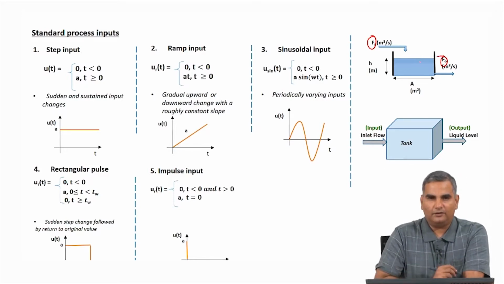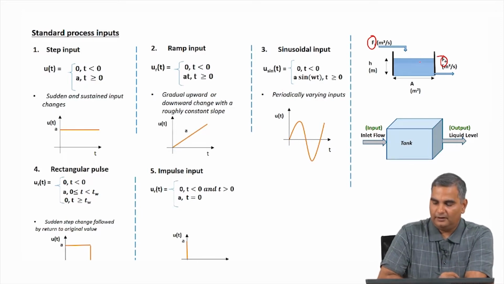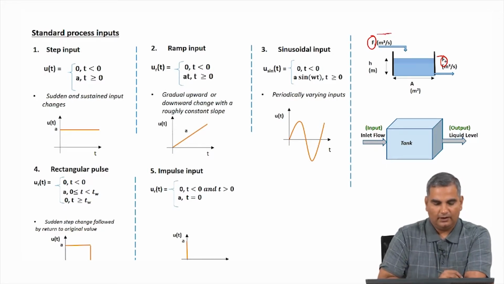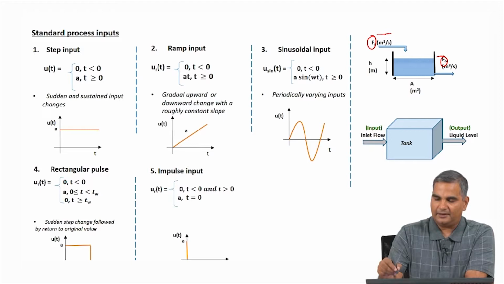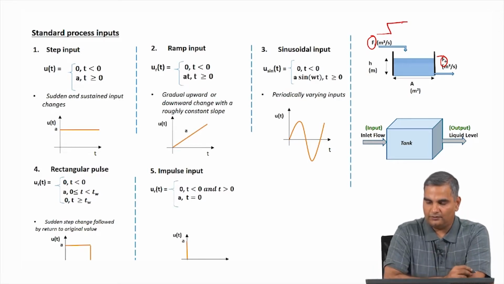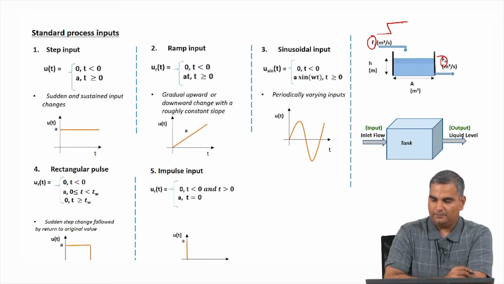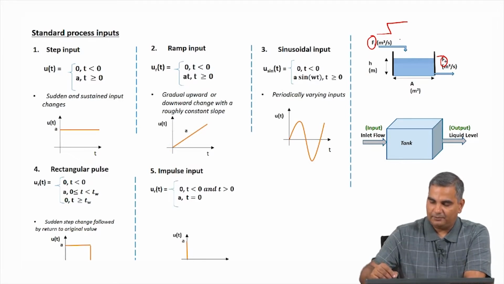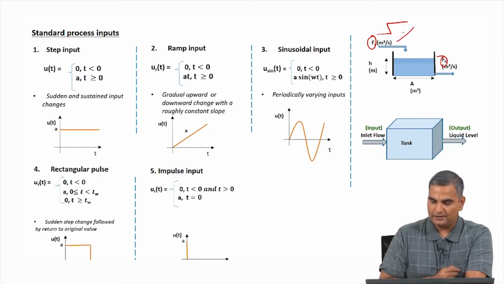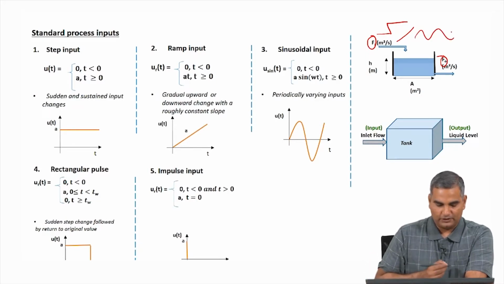Physically, what we are asking is the following: if I change this input, so let us say this is a constant flow, and if I suddenly step up this constant flow, how do you think the outlet flow will change? Or if I suddenly ramp up this inlet flow, how will the outlet flow change? Or if I modulate this in a sinusoidal fashion, how will it change, and so on.